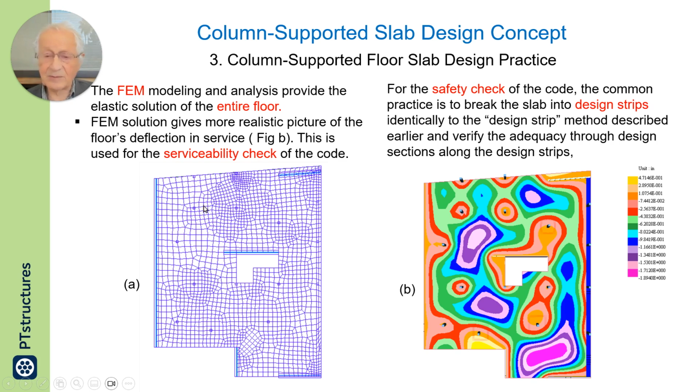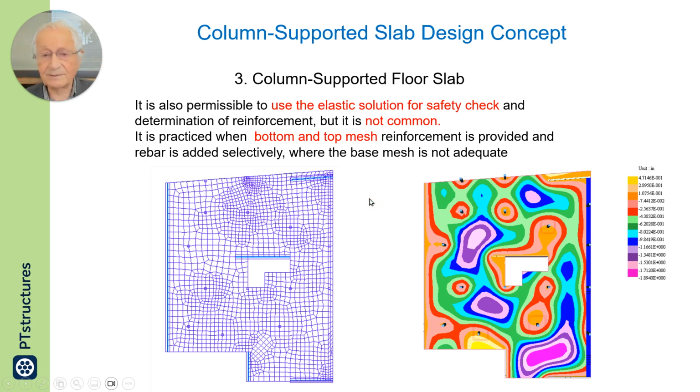So finite element helps us to obtain a better value, a closer value, I should say, for deflection, formation of cracking. But when it comes to safety, we go back to calculating the demands based on breaking of the slab into strips.